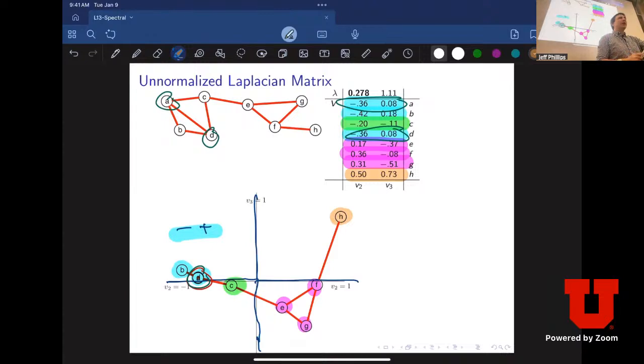There were 2 papers that started people thinking about spectral clustering, and one worked with the unnormalized Laplacian, one with the normalized Laplacian. Turns out the normalized Laplacian, which we'll talk about in a second, will correspond with the normalized cut more directly. This is optimizing something slightly different.